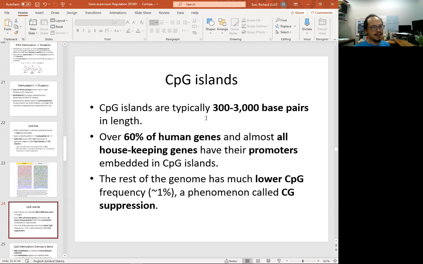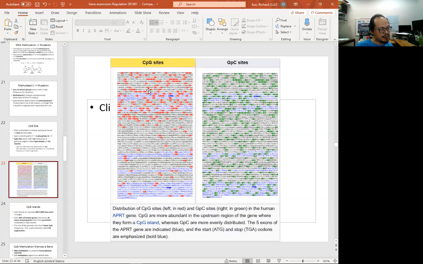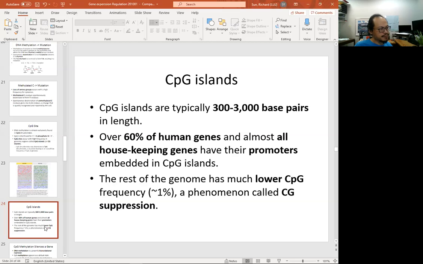This CpG island has a length of about 300 to 3,000 base pairs. So you can get the idea that our gene is long, but our promoter is also long. And we see a lot of this in this promoter segment. Other portions, we see very little.